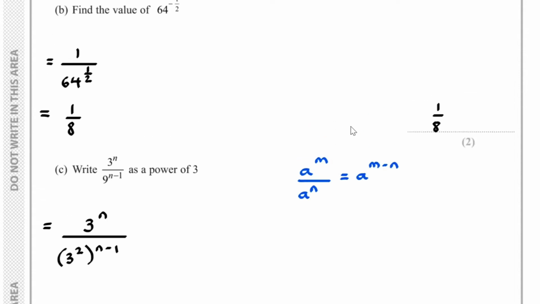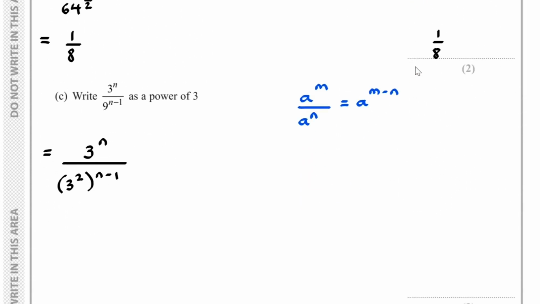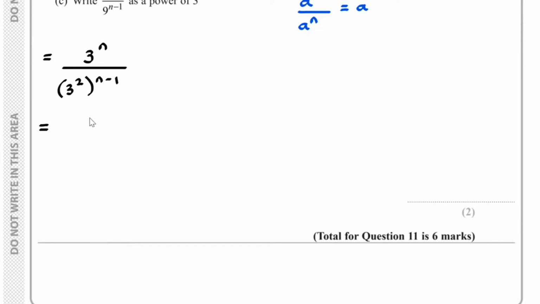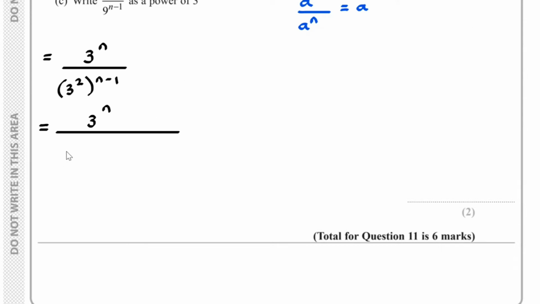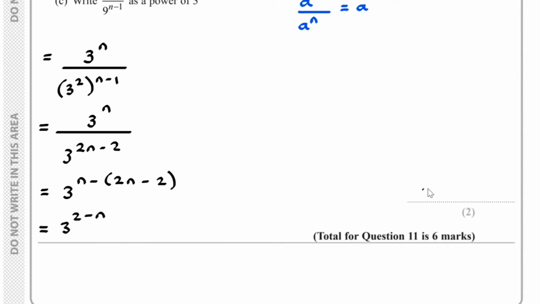Now if I multiply the powers according to the rule that we mentioned before, we've got 3 to the power of n divided by 3 to the power of 2n minus 2, and then if I subtract the powers, I've got 3 to the power of n subtract 2n minus 2, and it turns out we get 3 to the power of 2 minus n. So I am left with 3 to the power of 2 minus n.